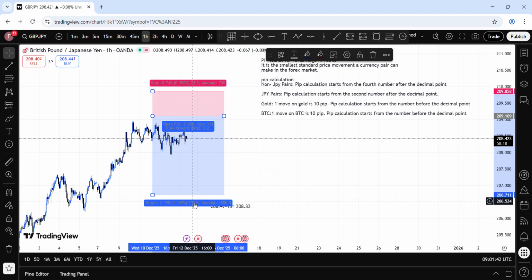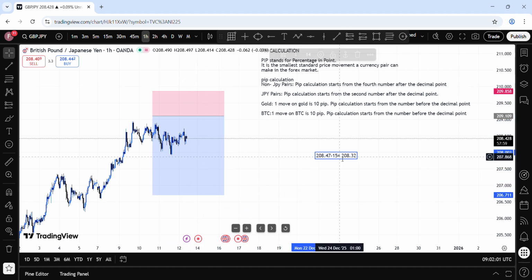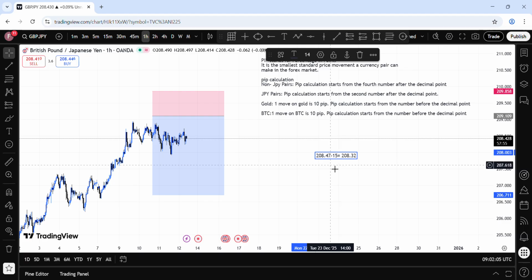It has moved 239 pips. You understand? But if it's against us, it will move 74 pips. So basically, I'm just trying to tell you that the position tool has calculated the pips for us. We don't need to start calculating manually. Calculating manually is archaic, but you still have to know it. You understand? So let's move to gold.